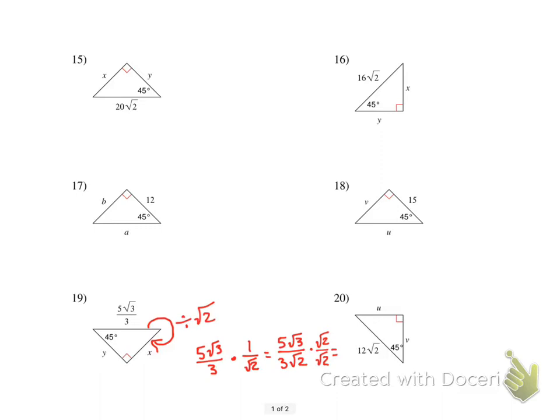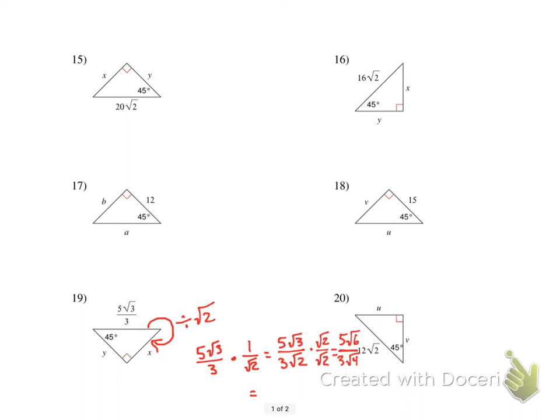So what is my numerator going to be after I multiply across? 5 square root of 6. And the denominator is 3 times square root of 4. We did this because we know what the square root of 4 is.